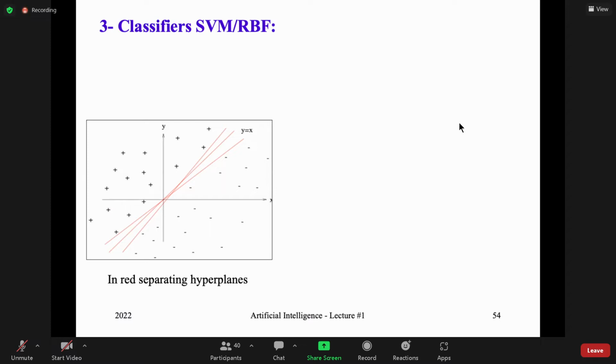So the question now is how to separate correctly. As we can see, and we have seen that also for the KNN, it depends on how we put this separation, and we do make some mistakes. It's difficult to do.